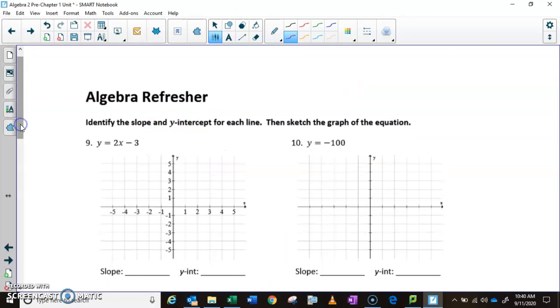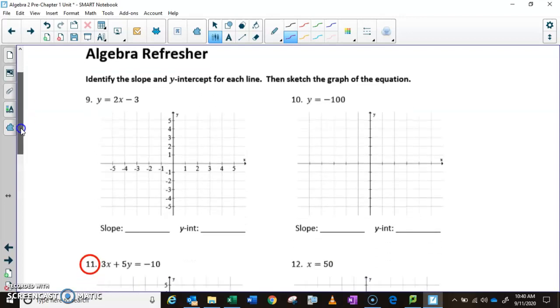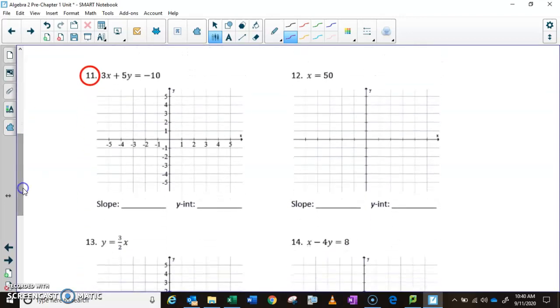Over on the next page, we're going to identify the slope and y-intercept for each line, and then sketch the graph of each equation. We'll go down here to number 11. Number 11 is given to us in standard form. We need to put it in slope-intercept form. So let's solve for y. I'm going to subtract 3x from both sides.